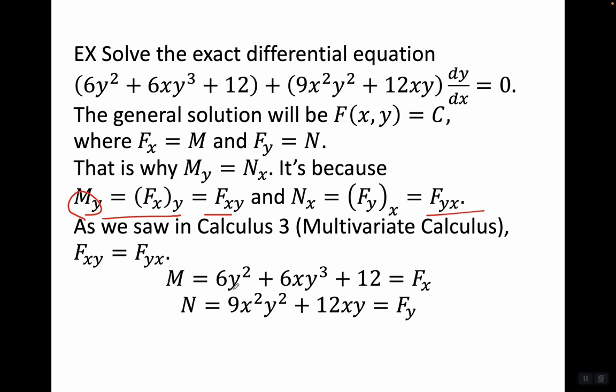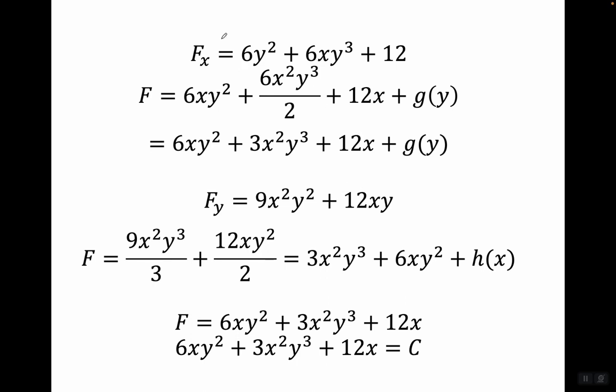Okay, so this is M, 6y^2 + 6xy^3 + 12, and that's going to be f_x. N is 9x^2y^2 + 12xy, that's f_y. Now we just need to integrate. So this is our f_x. Let's integrate both sides with respect to x.